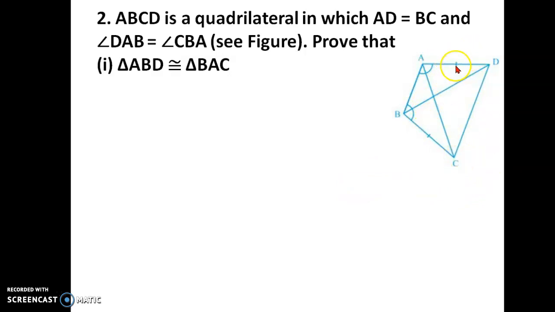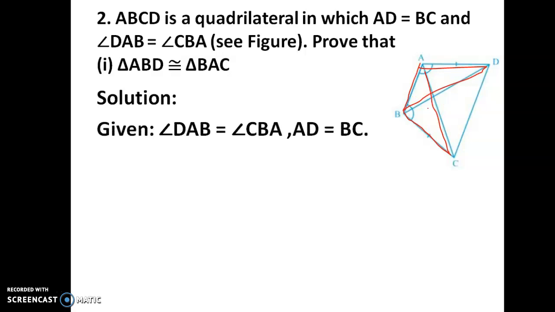They have given AD is equal to BC, and these two angles, angle A and angle B, are also equal. We have to prove that these two triangles, ABD and BAC, are congruent.